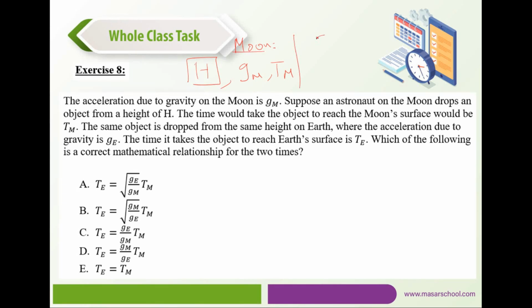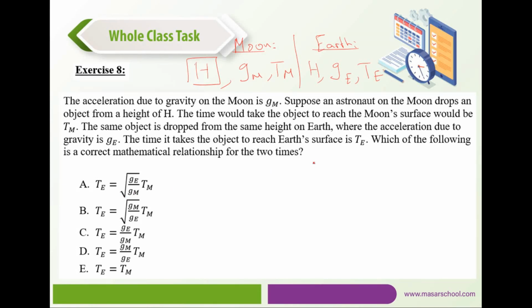And on Earth, it's the same height, capital H, and this is g on Earth and t on Earth. The same object is dropped from the same height on Earth, where the acceleration due to gravity is ge. The time it takes the object to reach Earth's surface is te. Which of the following is the correct mathematical relationship for the two times? We need to find the relation between te and tm.